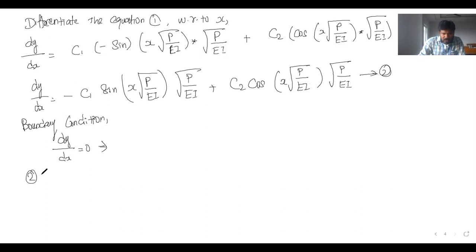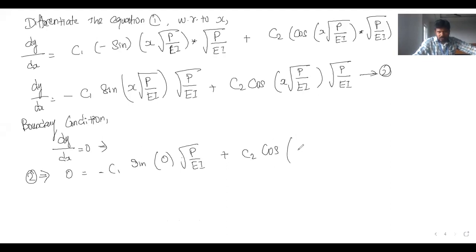If I substitute this, equation number 2 becomes 0 is equal to minus C1 into sin 0 into root under P by EI, plus C2 into cos 0 into root under P by EI. At x equal to 0, dy by dx equals 0 because of the fixed end.